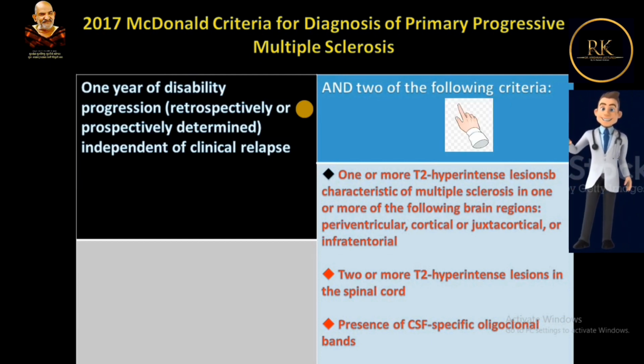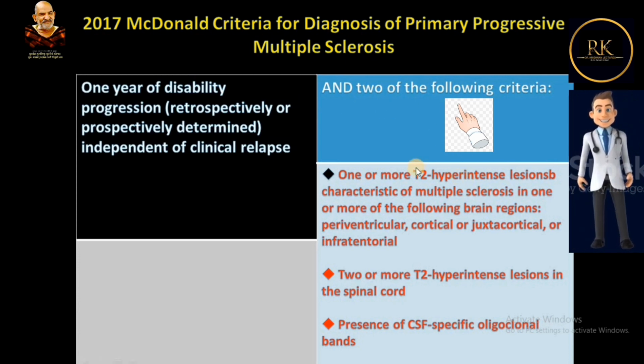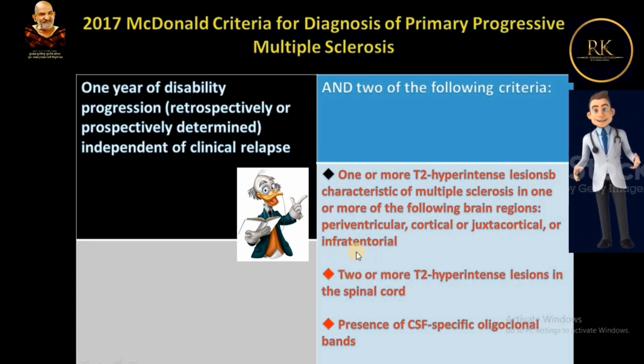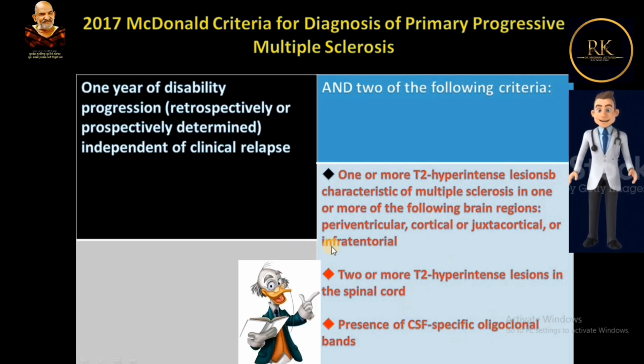1 or more T2 hyperintense lesions characteristic of multiple sclerosis in 1 or more of the following brain regions: periventricular, cortical or juxtacortical, or infratentorial; 2 or more T2 hyperintense lesions in the spinal cord; and presence of CSF-specific oligoclonal bands.